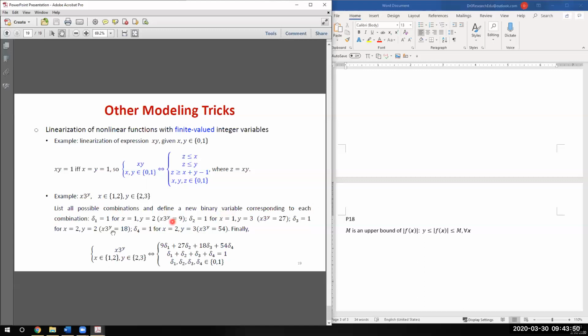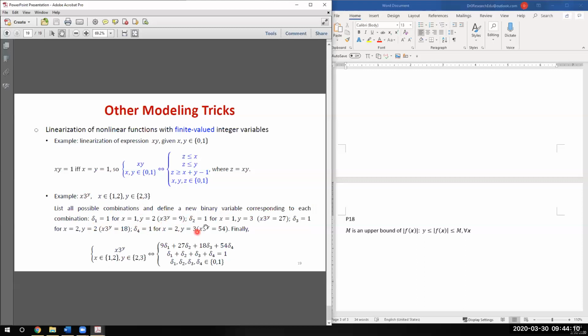So for example, I can define delta 1, 2, 3, 4, where delta 1 equal to 1 is for the case x equals 1 and y equals 2, so that I have x times 3 to the power of y equal to 1 times 3 to the power of 2 equal to 9.